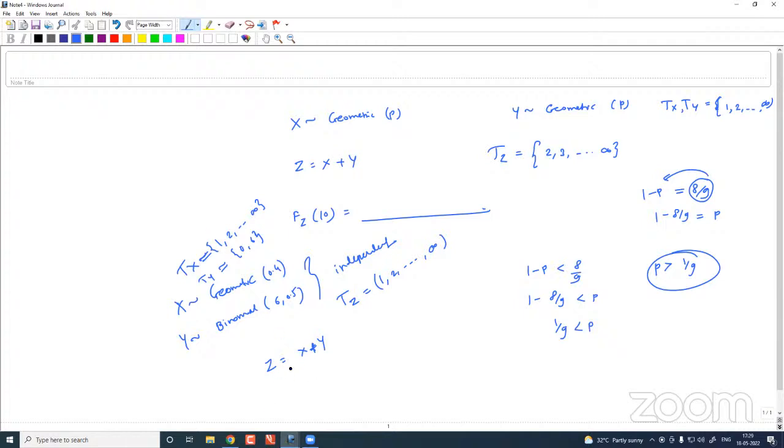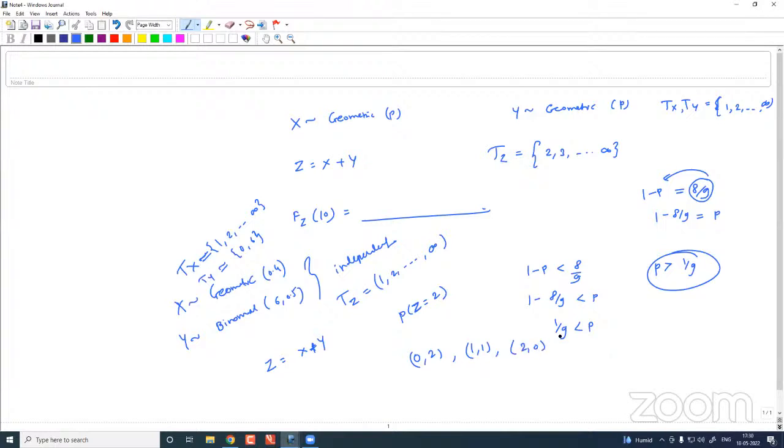If I wanted to find the probability of Z equals 2, what should I do? Then my cases will be 0 and 2, 1 and 1, and 2 and 0.